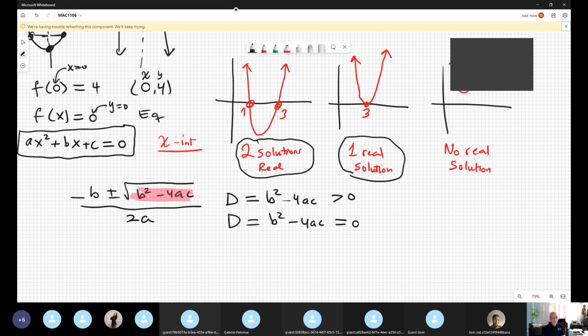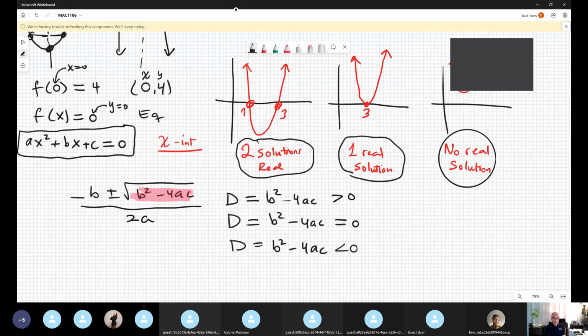It's obvious, no? Because that part disappears and gives me only minus b over 2a. And if D is negative, wow, we have the famous complex or imaginary solution. Therefore, we have no real solution.